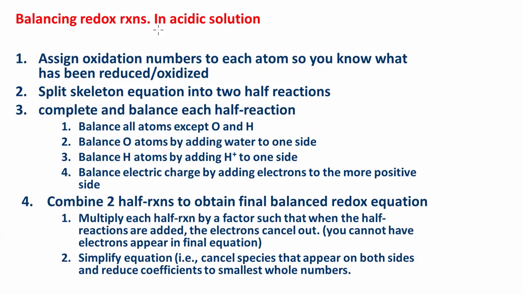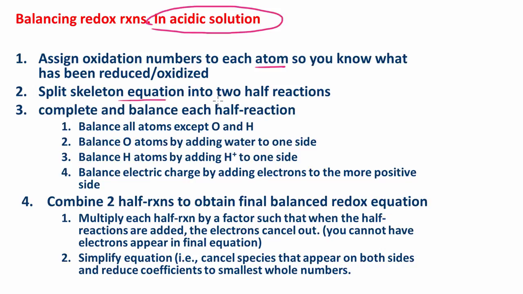You'll learn this again also in general chemistry too. We can balance redox reactions 2 ways, in acidic solution or in basic solution. These are the rules for how you go about balancing these redox reactions in acidic solution. You need to assign oxidation numbers to each atom so we know what's been reduced and oxidized.